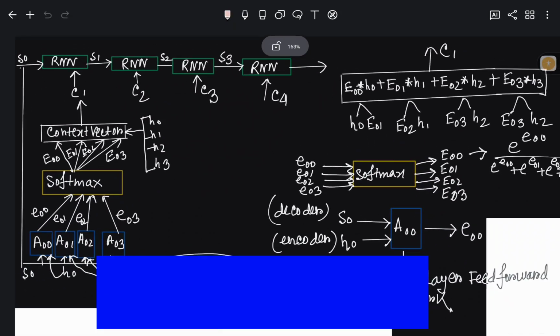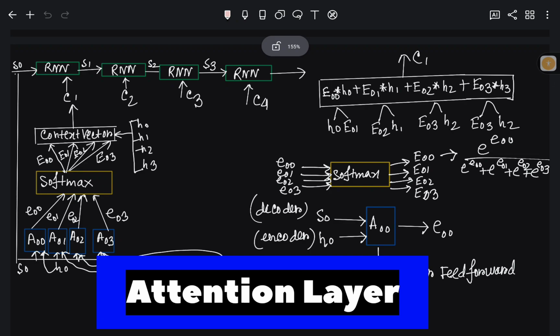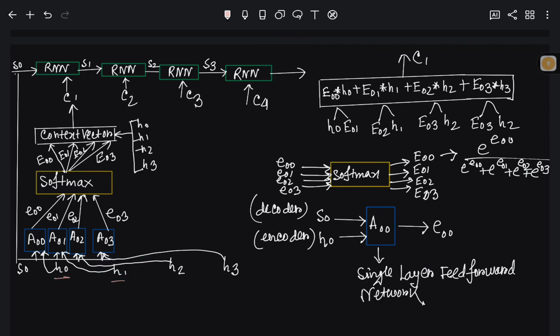As I was mentioning, we have our individual H, which are H0, H1, H2 and H3, and we pass them to A00, A01, A02 and A03. These A00 are nothing but a single layer feed forward neural network. What are the inputs going inside this?